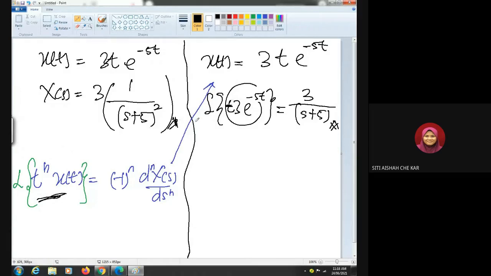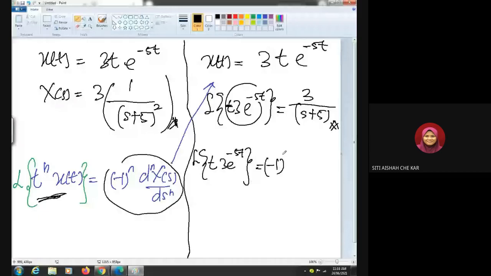So maknanya our Laplace is untuk soalan ni T. So kita follow je formula dia punya. So negatif kuasa berapa? N dia 1 kan? So kuasa 1. Differentiate sebanyak berapa kali? Kita kena differentiate dia sekali saja sebab N dia 1.